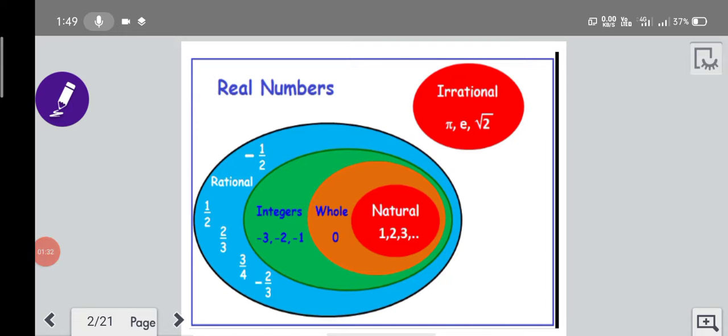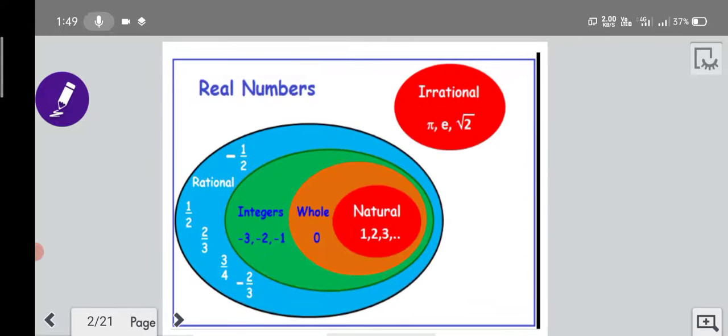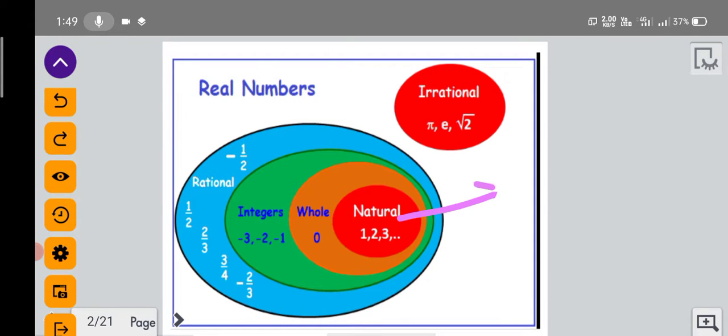Children, we can denote the natural numbers by N, and N is equal to 1, 2, 3, 4 and so on.